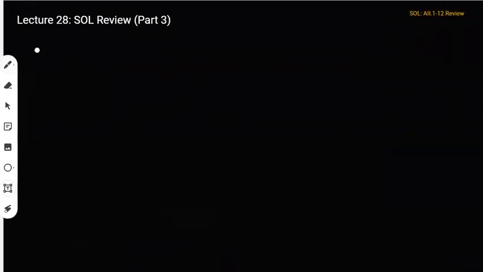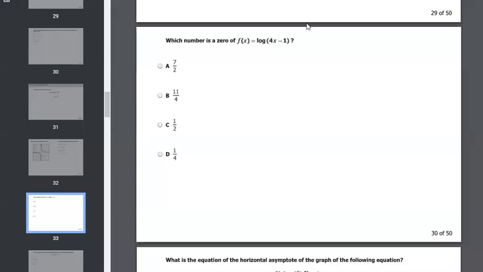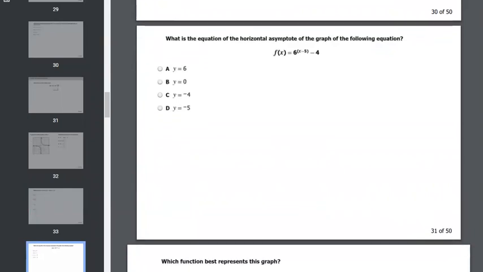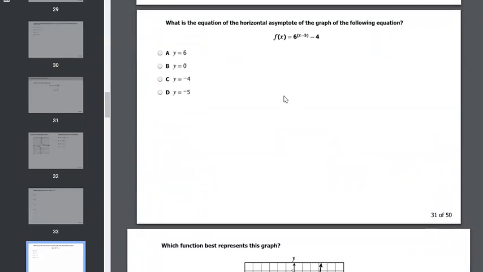Okay, let's look at 31. So 31 says, what is the horizontal asymptote of this equation? Let's write it down first.